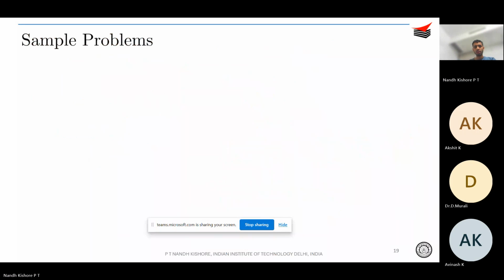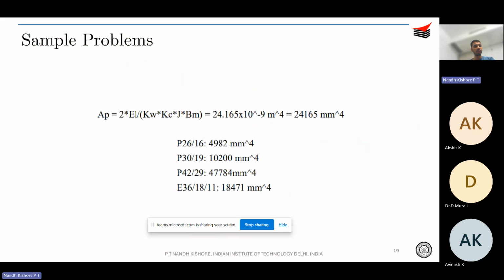From the given data, you will know the individual area products for all of the cores.